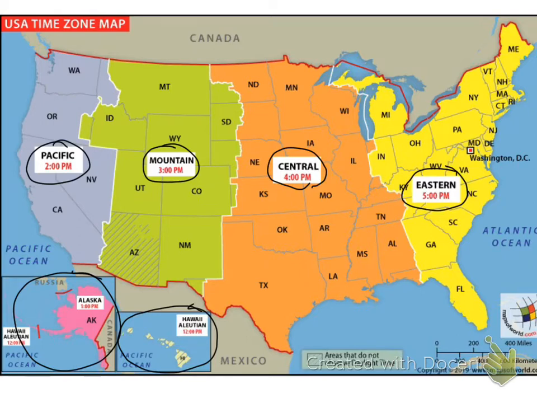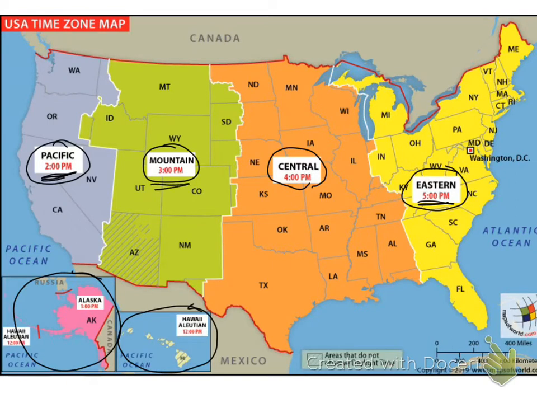Okay, so why do you think the time zones have these names? Well, the names of the time zones are based on their locations. So the Pacific time zone are the states that are near the Pacific Ocean, and the Eastern time zone are the states that are on the eastern part of the United States.